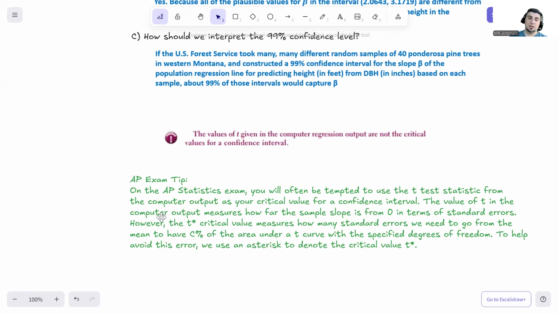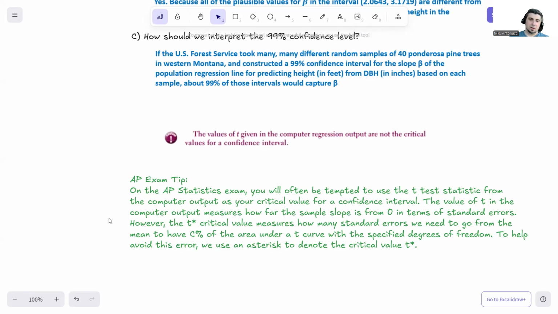The value of t in the computer output measures how far the sample slope is from zero in terms of standard errors, but the t star critical value measures how many standard errors we need to go from the mean to have the C% confidence interval of the area under a t curve with the specified degrees of freedom.